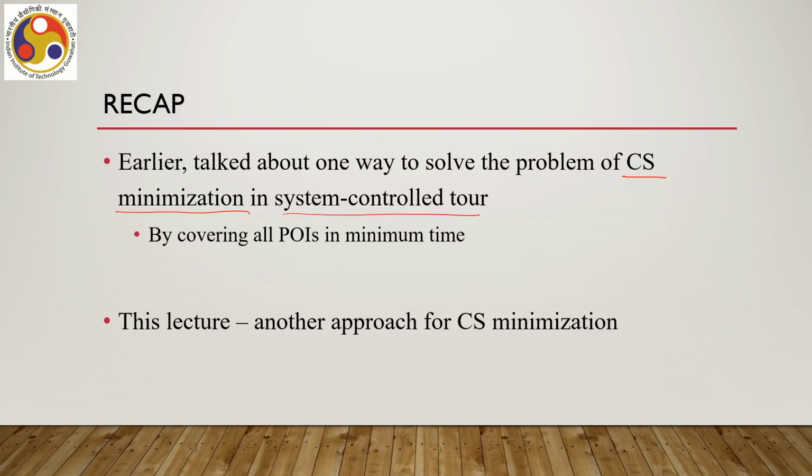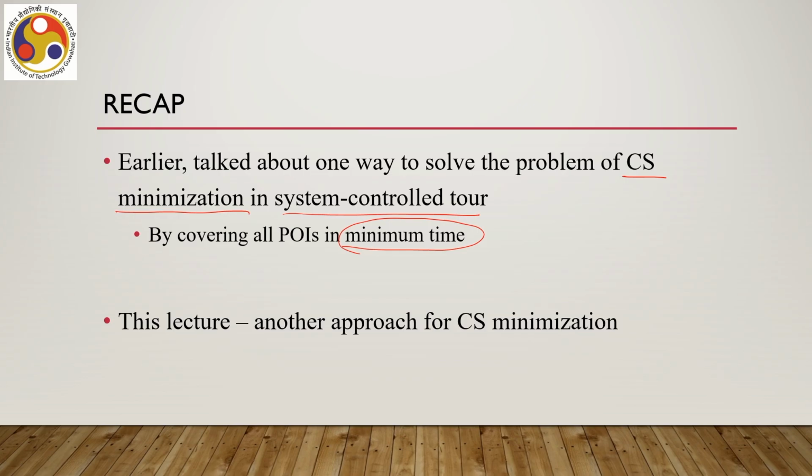And how we did that? We made use of one approach where we tried to figure out an optimal path covering all vertices in a given graph representing the virtual world, which can be traversed in minimum time.